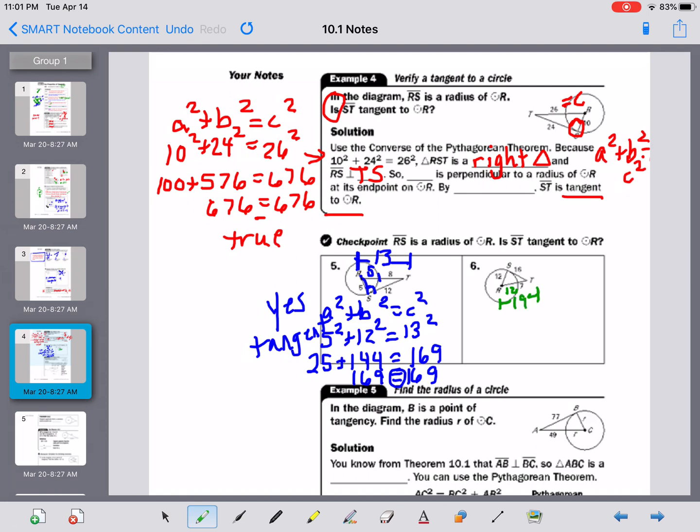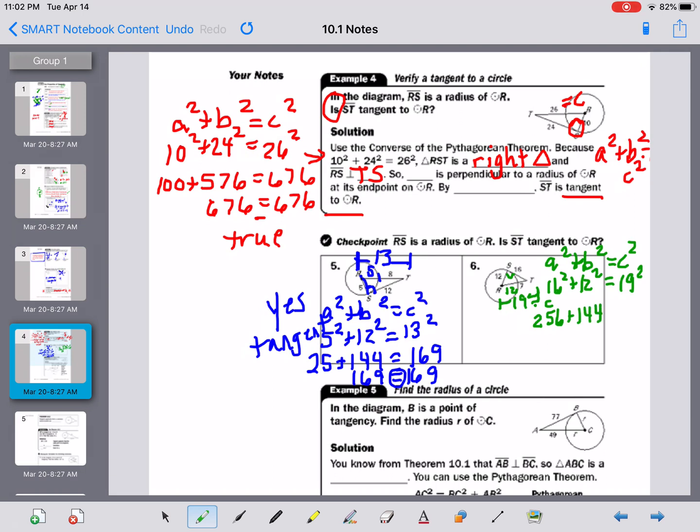And hopefully I can keep this on my paper. So again, I'm hoping S would be where my right angle is, if there is one. Looks like my c would be this 19. And it doesn't matter which is 16 and 12 as long as they're there. So 16 squared is 256. 12 squared is 144.